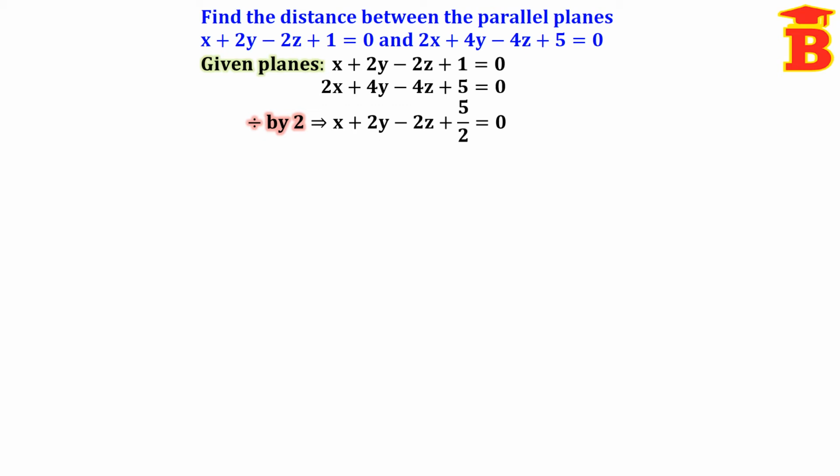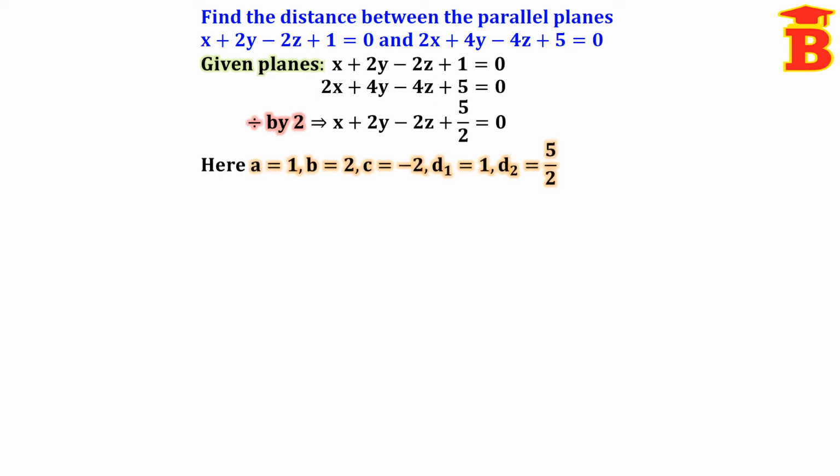Now we can note that these x, y, z numbers are same. Therefore the planes are parallel. Only the constant is different. So the first constant we take as d1 and the second constant d2.